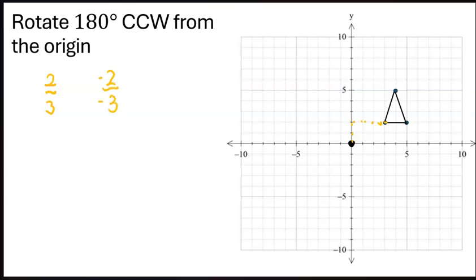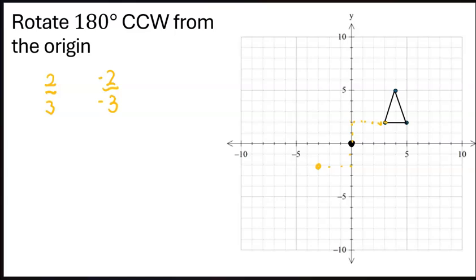So again, if you know how to graph linear functions, this should be pretty straightforward because we're using the same exact rules because the rules never change. So here, I'm just going to count down 2 and to the right 3 and create my new point.